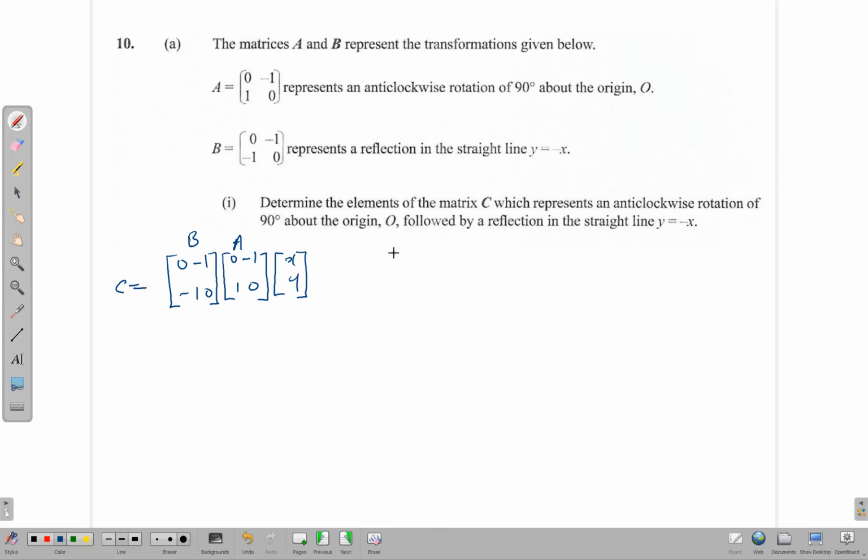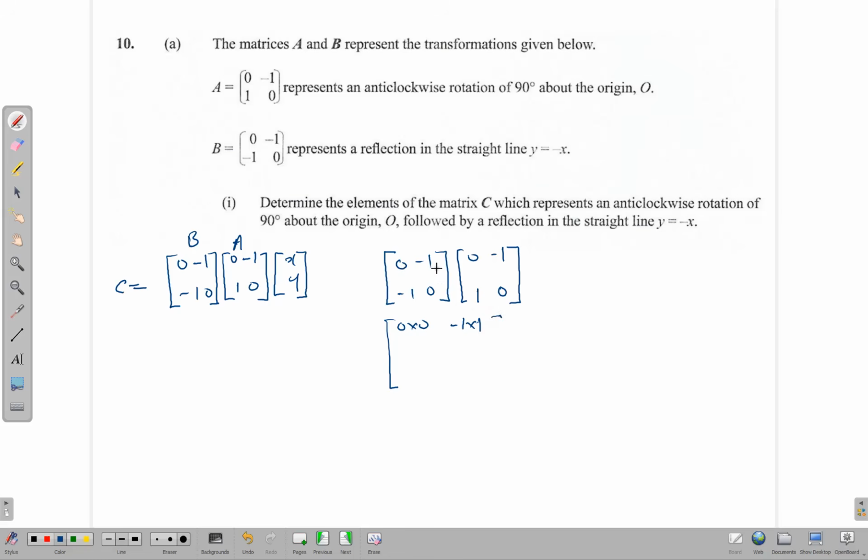Now let's multiply it out. [0, -1; -1, 0] we're going to multiply by [0, -1; 1, 0]. And of course, remember, when you're multiplying matrices, it's row by column. So 0 times 0 here is 0, and -1 times 1 here.